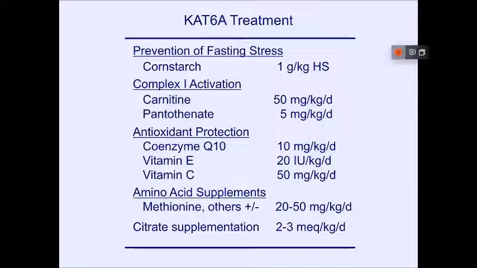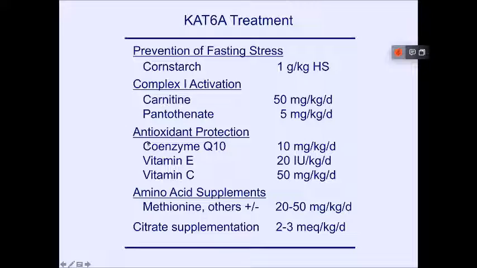It causes long-standing damage. And by providing a specific combination of antioxidants, we can stop that process in most mitochondrial disorders. And when I do my various tests of children with KAT6A, I can tell by a variety of tests whether there is ongoing oxidative damage.